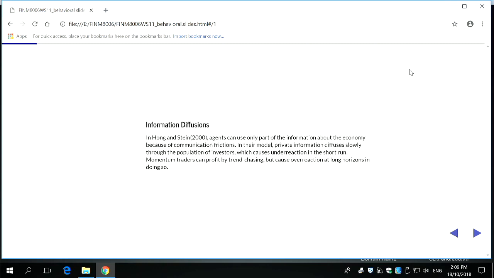They are fully aware of all the information, and you can call them, for example, news watchers. And the other part are the ones that base their decisions on the observed price movement.